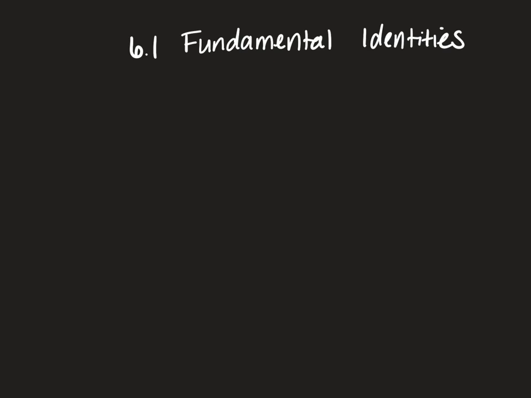I want to practice taking a statement and rewriting it in terms of another trig function. Essentially we can write everything in terms of sine and cosine in one way or another using these identities. So let's say we have cotangent of alpha plus tangent of alpha. How could we rewrite those things using sine and cosine?